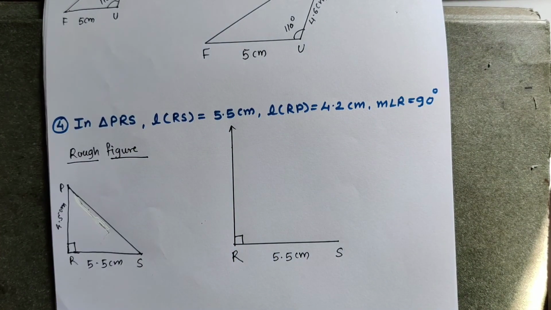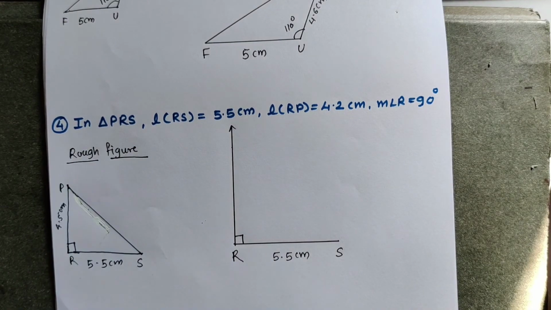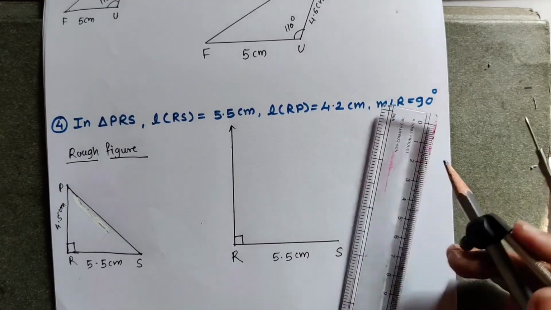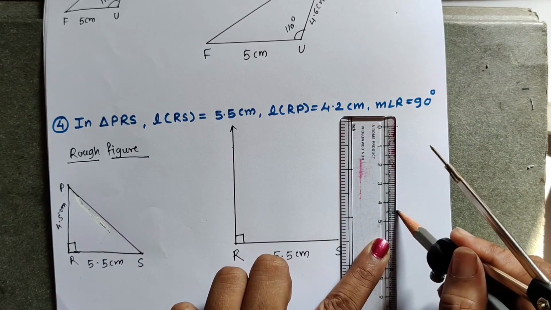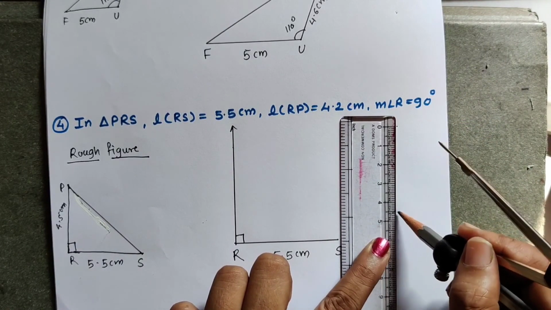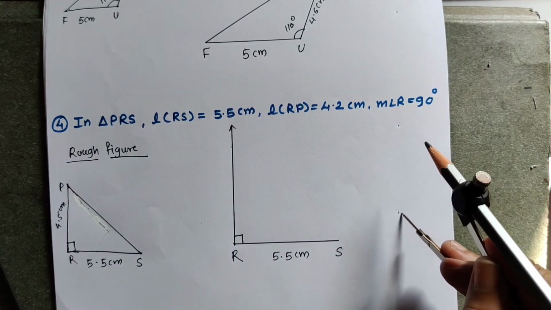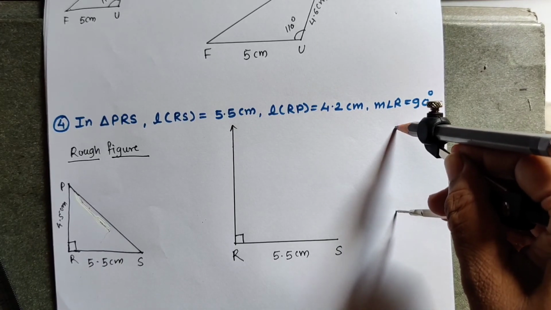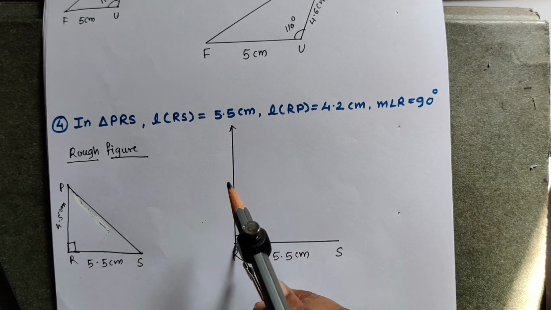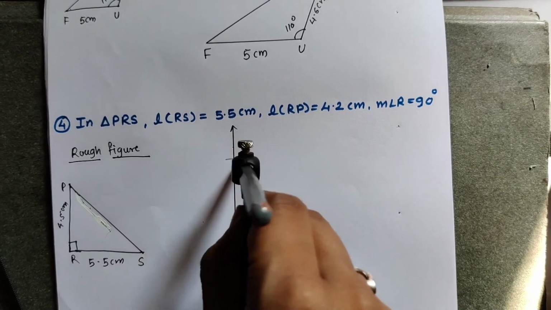Now we have to draw a 4.5 centimeter long ray to fix the position of point P. So take 4.5 centimeter distance in the compass from 0 to 4.5, the midpoint between 4 and 5. So in this way we can take the radius of 4.5 centimeter in the compass.